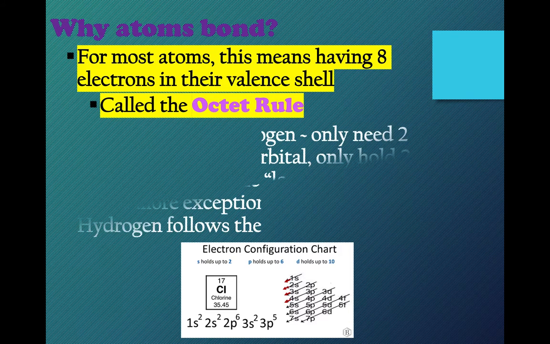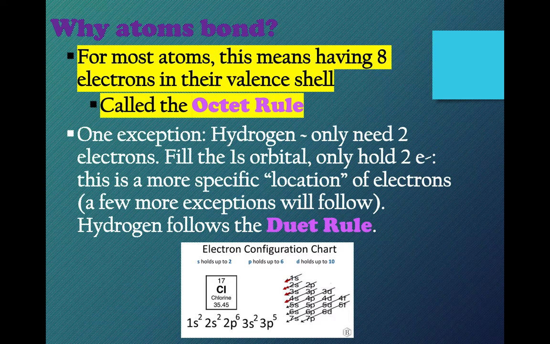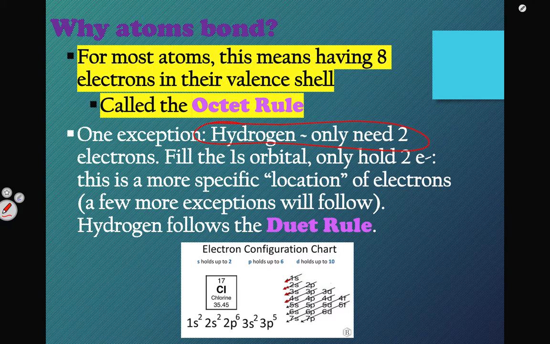Now there are exceptions, and I would write down this exception right here, that hydrogen only needs 2 electrons. And again, this is an exception in the Bohr model, that the first ring of electrons can only hold 2.